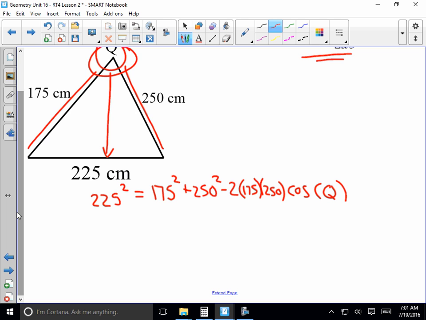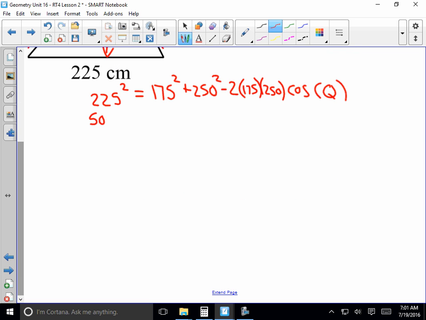And then what we want to do is go through and simplify all of our values. 225 squared. Some of these numbers are going to be a little bit big just based on the fact that we're using some larger base values.